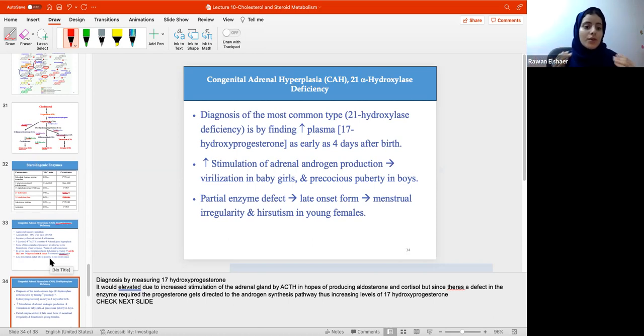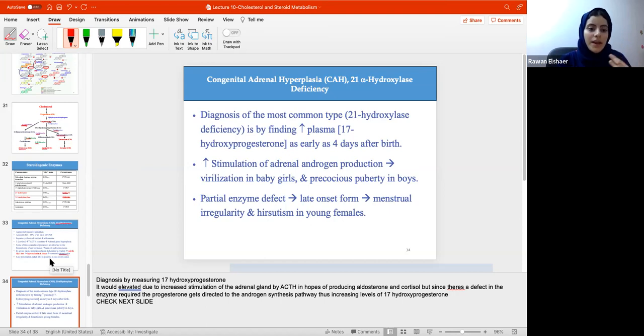The second thing is, when do they present? The classic form presents as early as at birth or a couple of days after birth. The non-classic form presents later, in her teens, for example. The third thing is how they present. In the classic form, they present with hypotension and dehydration, they're salt wasting, losing a lot of salt in the urine.